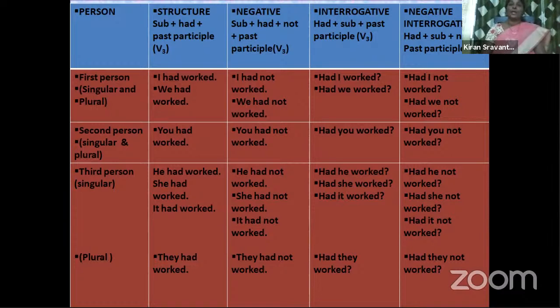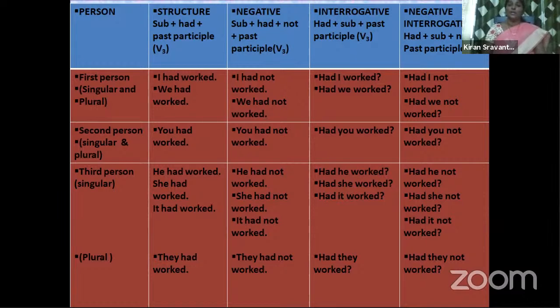And coming to the interrogative sentence, what is an interrogative? Coming to the asking of questions. We begin with had, then we place the subject, then we add the past participle form of the verb. Had I worked? Had we worked? Had you worked? Had he worked? Had she worked? Had it worked?